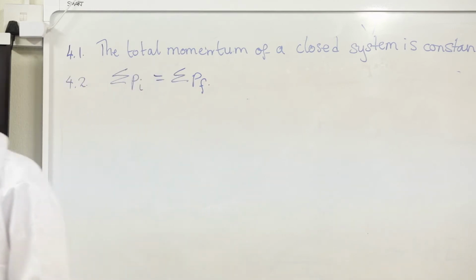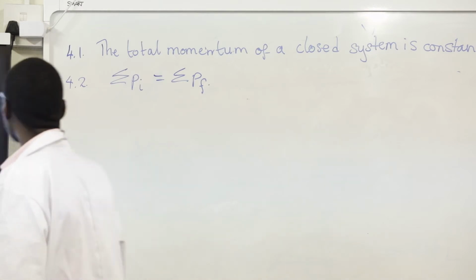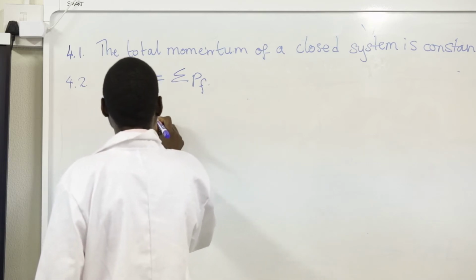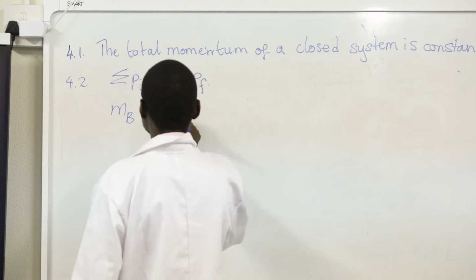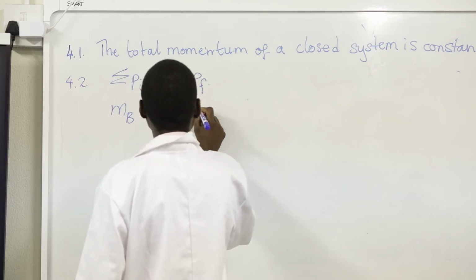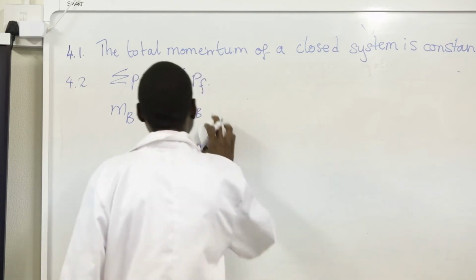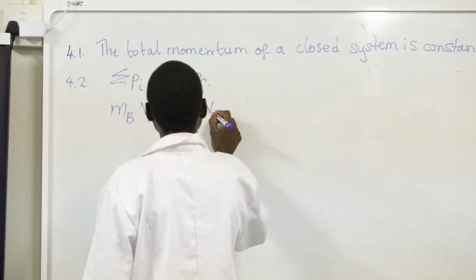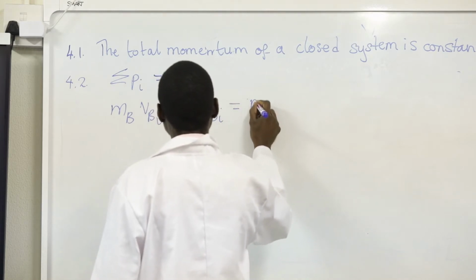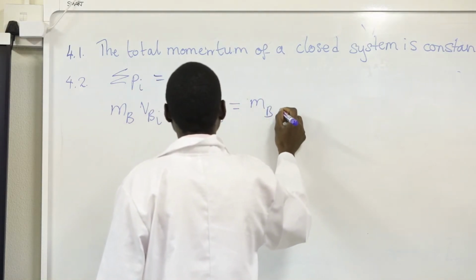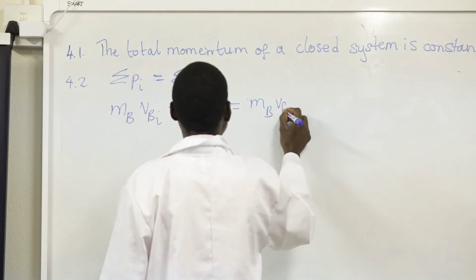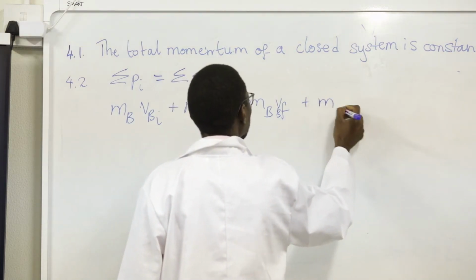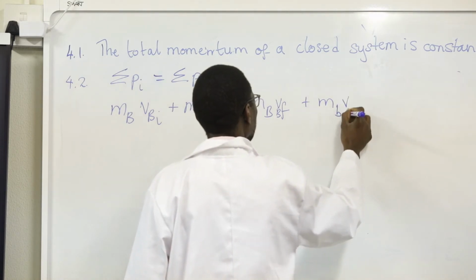In other words, the mass of the bullet times the velocity of the bullet initial, plus the mass of the block times the velocity of the block initial, is equal to the mass of the bullet times the velocity final of the bullet, plus the mass of the block times the velocity final of the block.